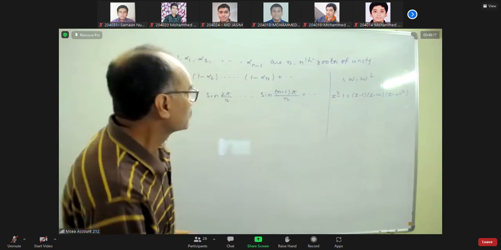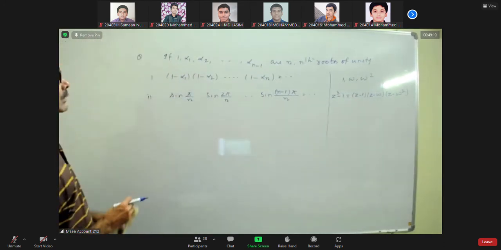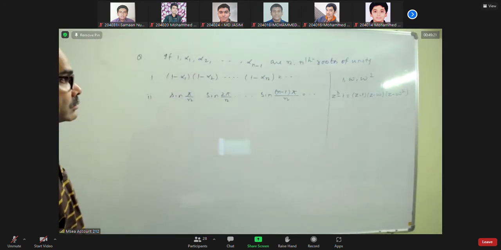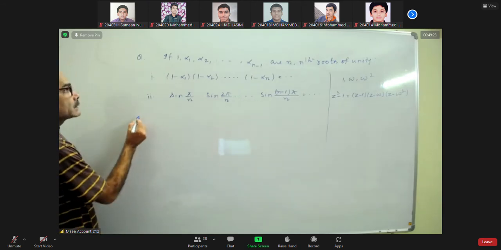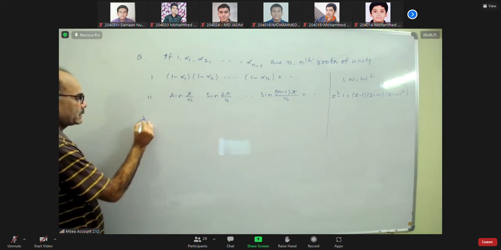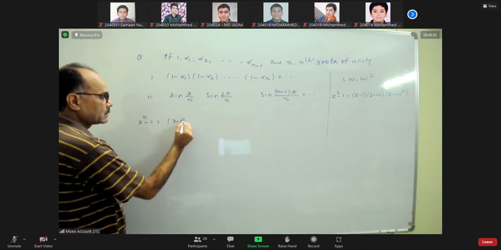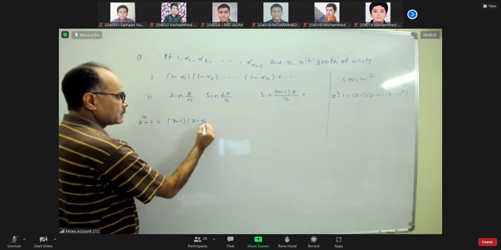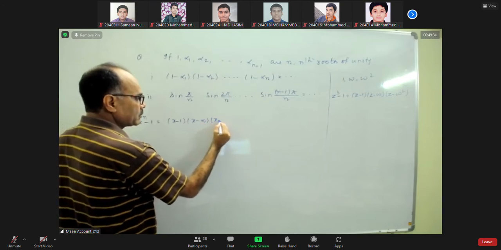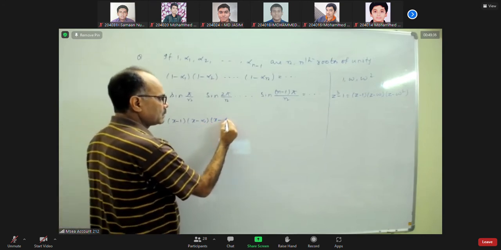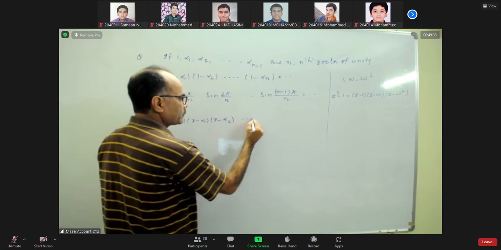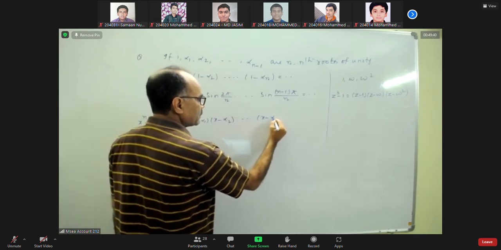Okay. So if 1, alpha 1, alpha 2 up to alpha n minus 1 are n roots of unity, then we can write x to the power n minus 1 equals x minus 1 into x minus alpha 1, x minus alpha 2, to x minus alpha n minus 1.